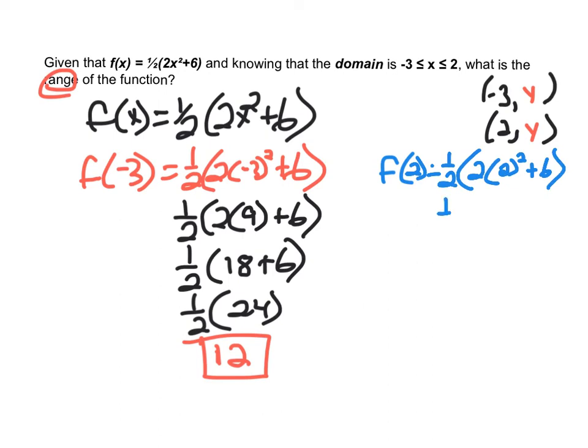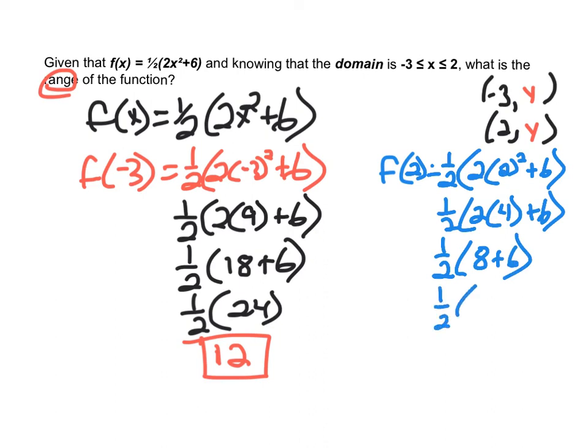We have 1/2 times 2, and then 2 squared is 4, so that becomes 2 times 4, plus 6. 2 times 4 is 8. 8 plus 6. So 1/2 times 14. And then 1/2 of 14 is 7. So we have a value of 7 and 12.